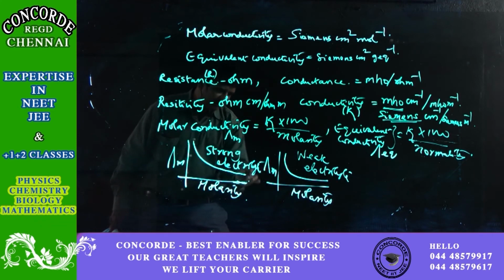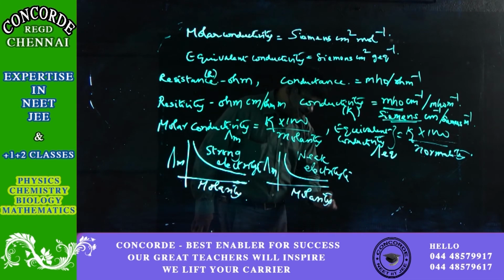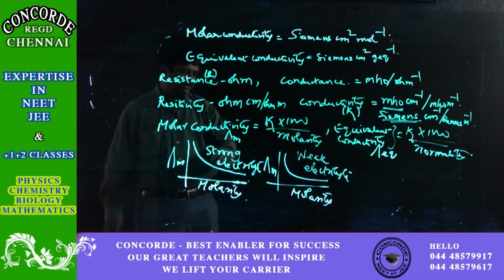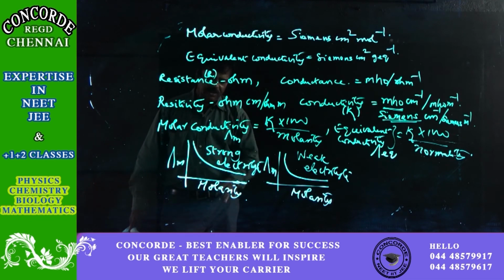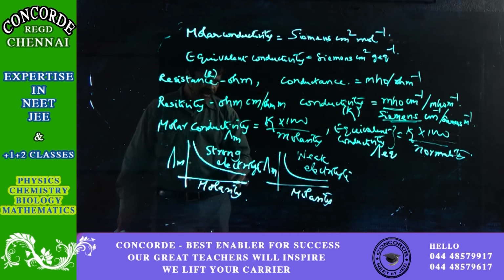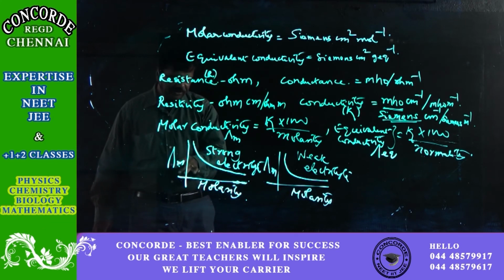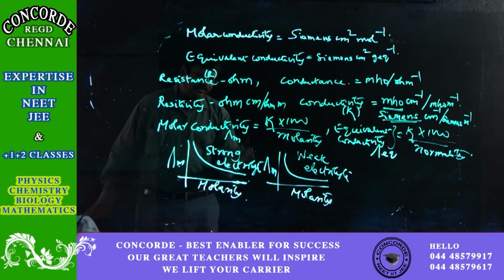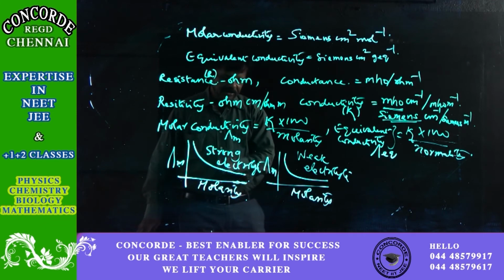For the strong electrolytes, it will be like that. For weak electrolytes, it will be like that. So let us study how the molar conductivity, or instead of lambda m, lambda equivalent for normality, behaves for strong and weak electrolytes. Here you have to write normality instead of molarity.